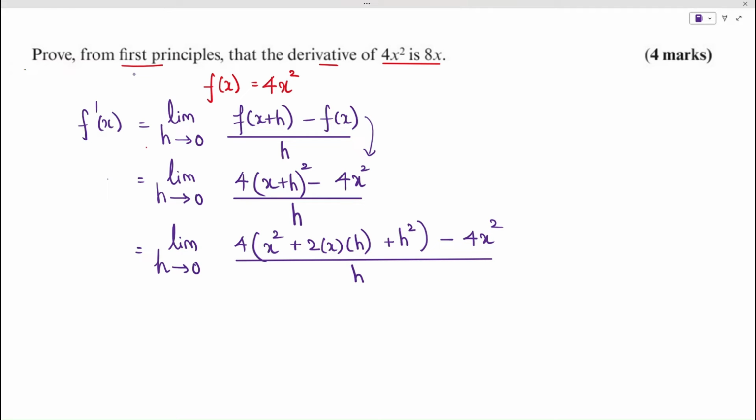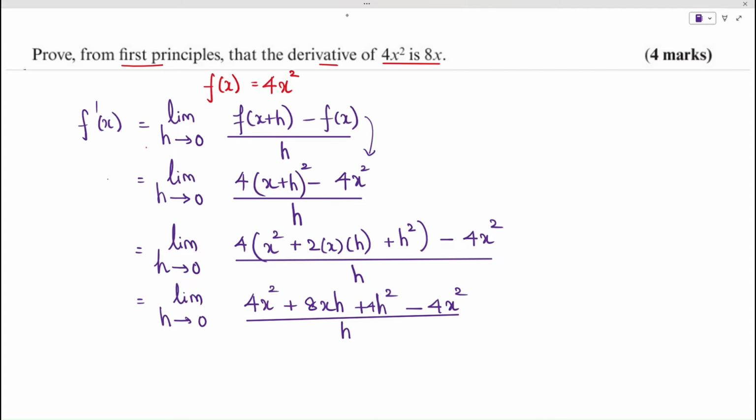Now we can multiply our 4 into our brackets. So we get lim as h tends to 0, 4x squared plus 8xh plus 4h squared minus 4x squared all over h. And we can cancel out our 4x squareds here.